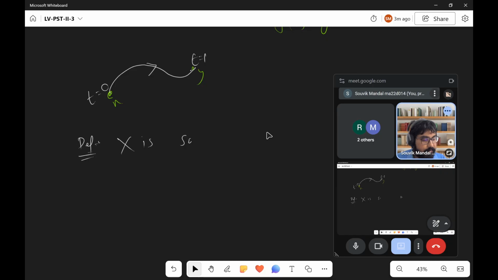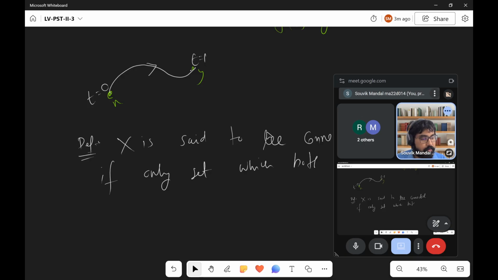X is said to be connected if the only sets which are both open and closed in X are the empty set and X. That means if a space is connected, the empty set and the whole space X are the only sets which are both open as well as closed.